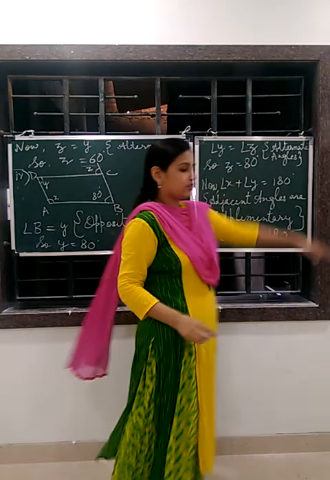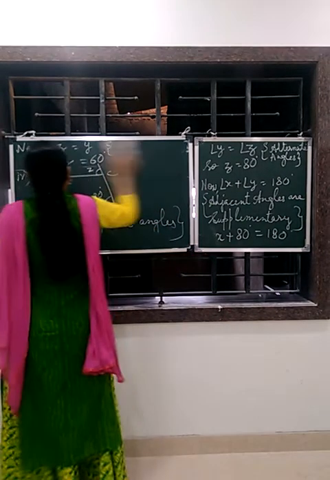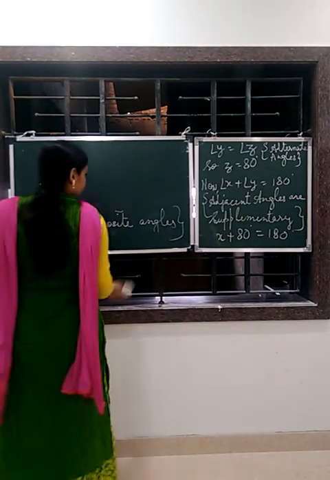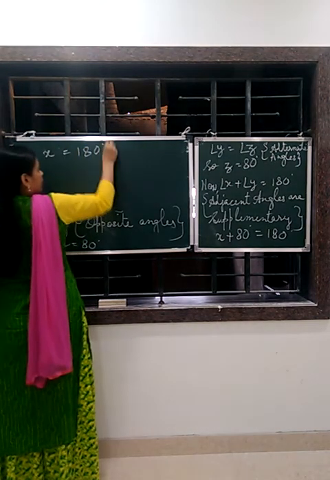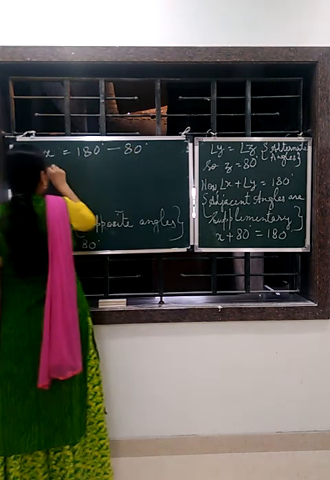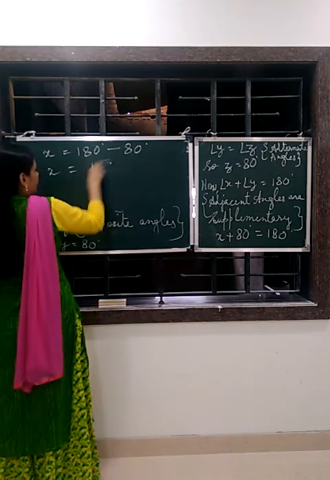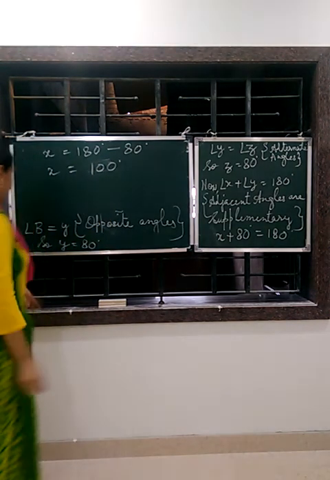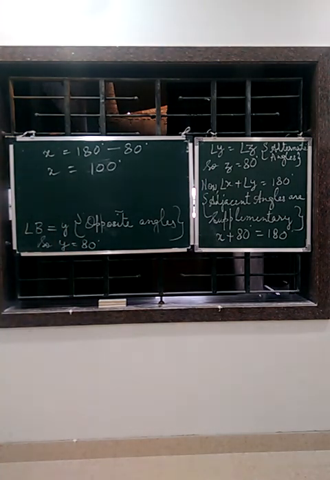Now this 80 degree will shift that side. So X is equal to 180 degree minus 80 degree. So the value of X will be 100 degree. Okay. So we got the value of X, Y and Z. Now rest we are going to do tomorrow.